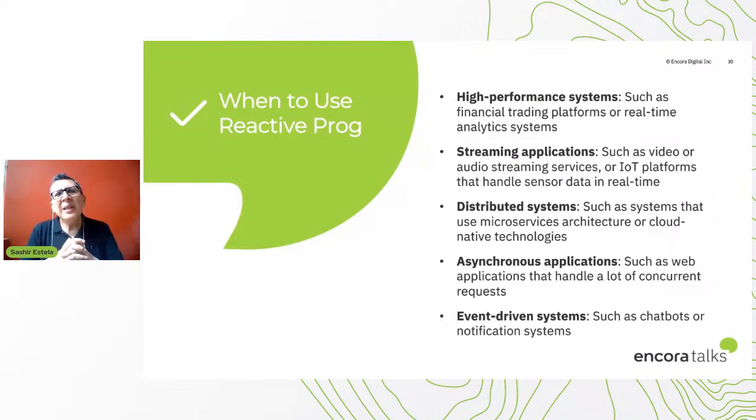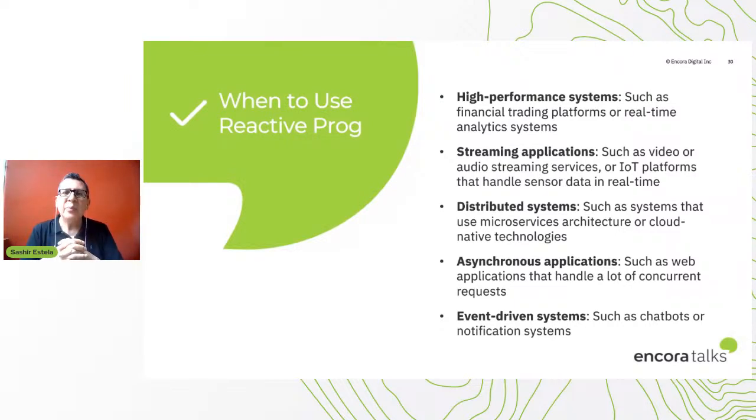What are the best use cases for reactive programming? When to use reactive programming? Well, reactive programming is not a silver bullet for all cases. We need to identify the correct situation. When you need to handle high performance systems, for example banking, financial platforms, or real-time analytic systems, that is a good use case.